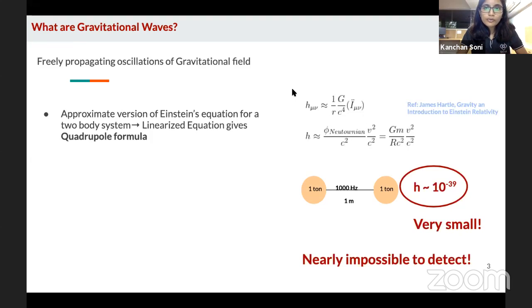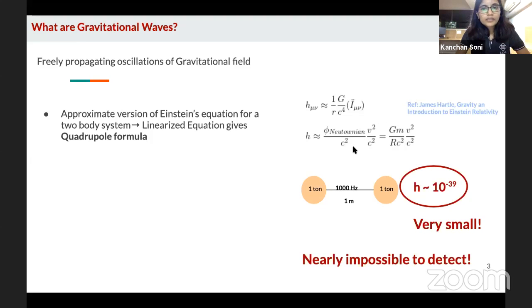So this quadrupole formula, reference is given over here, is given in this form, where the wave strain is dependent on the quadrupole moment given as I mu nu. And what do we understand from this equation? That the strain or the signal basically scales as 1 by r, where r is the distance to the source.